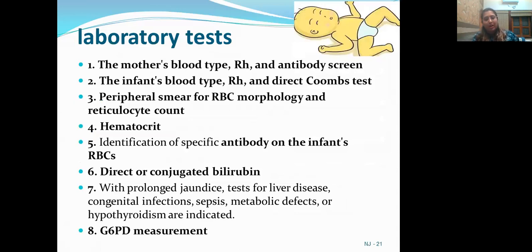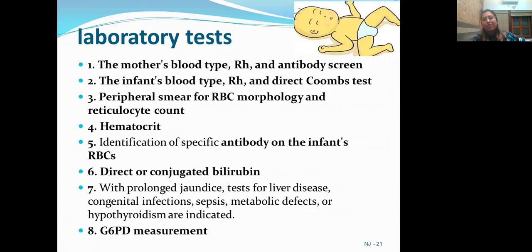Now coming to the laboratory tests or more specific investigations. First of all, the mother's blood group, RH and antibody screen, in order to check the mother's blood group and hence rule out hemolytic disease of the newborn. Also the infant's blood group, RH and DCT are very important to rule out hemolytic disease of the newborn, and ABO or mainly RH incompatibility.